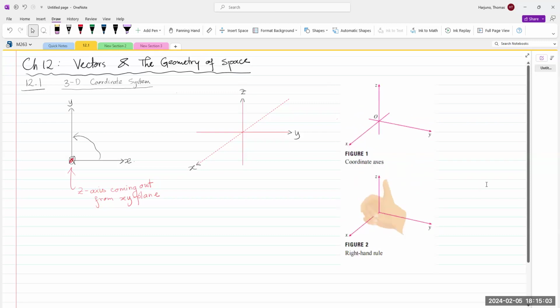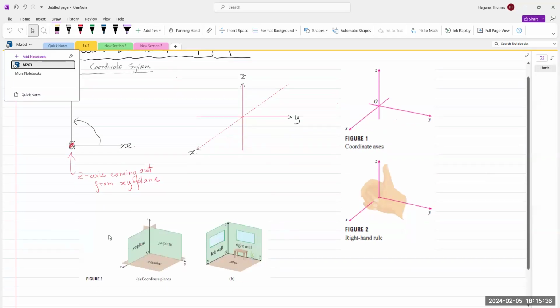You see the second figure, they talk about the right-hand rule, right? Our textbook also has some terminology which I like, therefore I use it, something they call right wall, left wall. So let me take the picture again. That's the nice thing about doing this on Canvas. I can take the picture and just post it here.